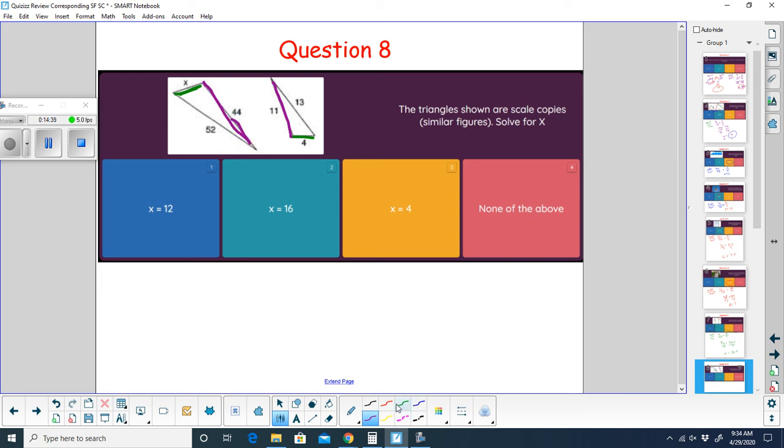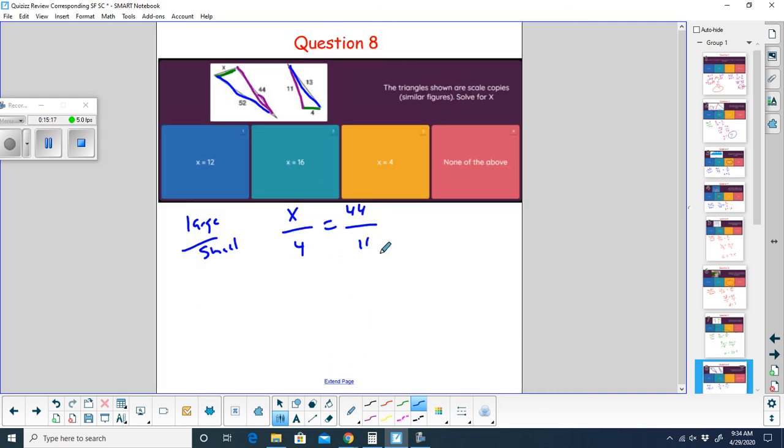And the blue side that is 13 here goes with 52 there. This one's actually larger, so large to small. So in the large triangle, the side that's x goes with 4 in the small triangle. And the side that's, let's go with the purple, I like these numbers, 44 in the large triangle goes with 11 in the small.